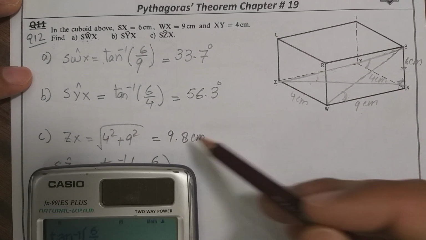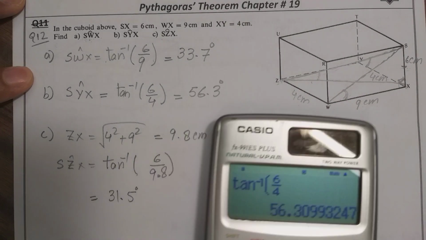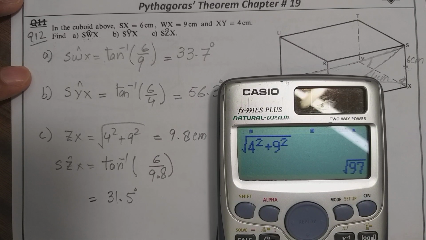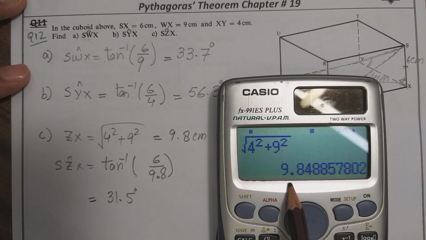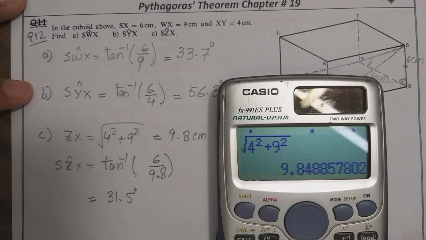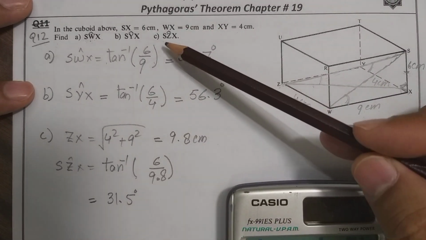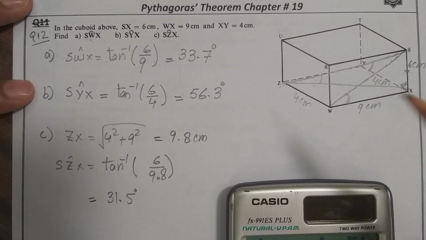So the square root of 4 squared plus 9 squared gives the answer 9.848. In three significant figures that is 9.85, or with one decimal place, 9.8 centimeter. So we come back to our point: we need to find angle SZX.